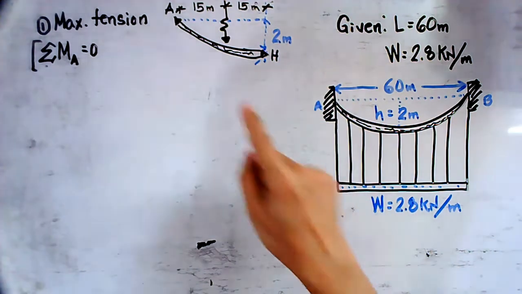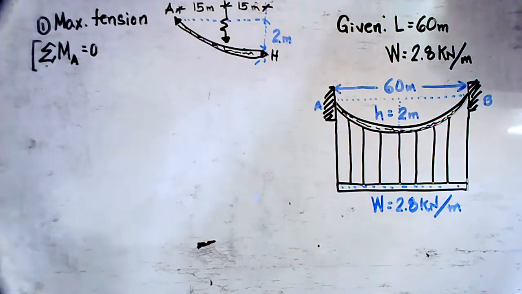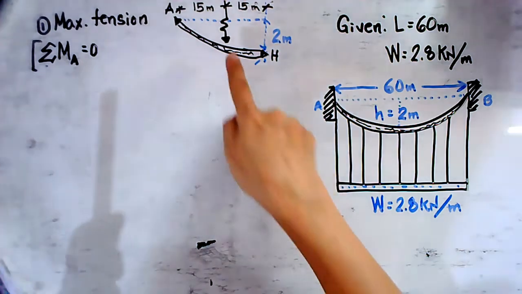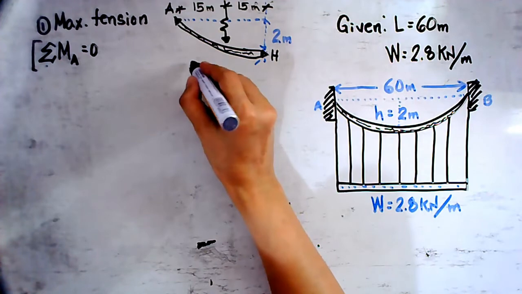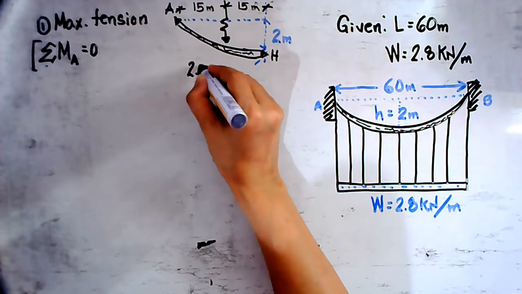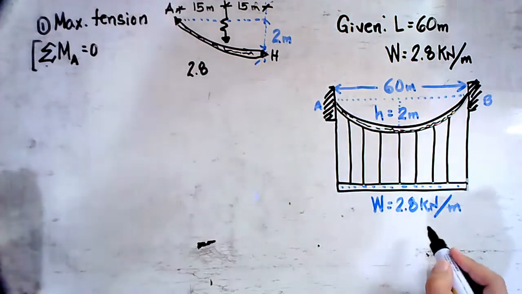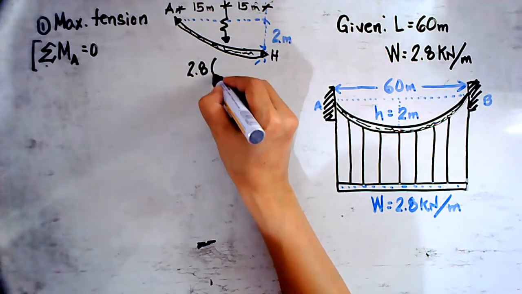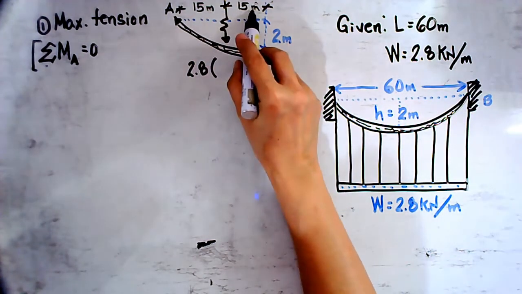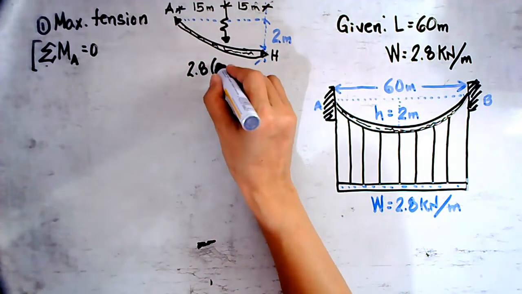So if we take moment at point A, we will have the value for the resultant. The value for the resultant here is 2.8 kilonewton per meter, and then you are going to multiply it by the distance, which is 30 meters.